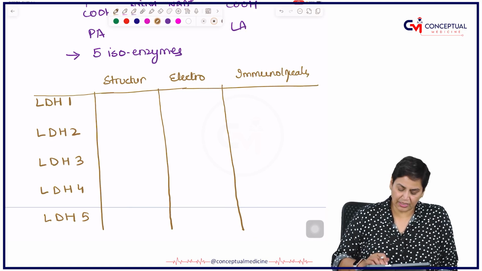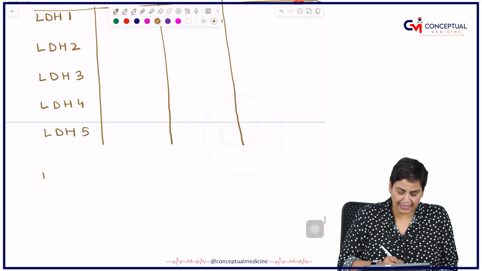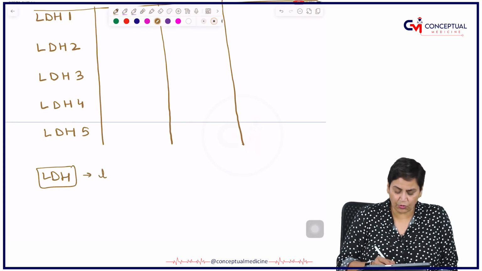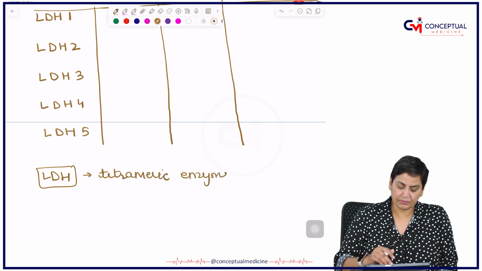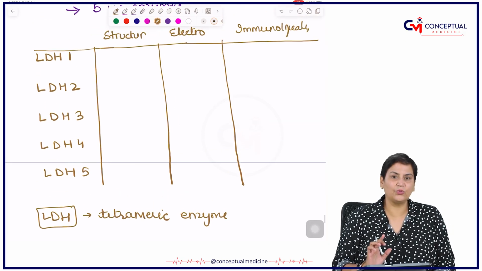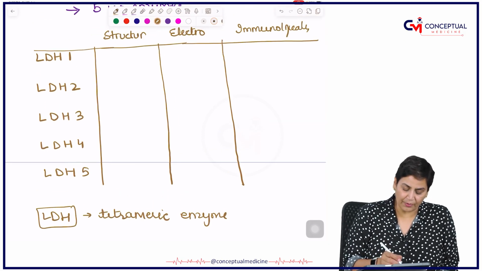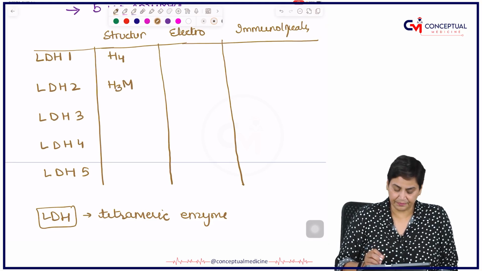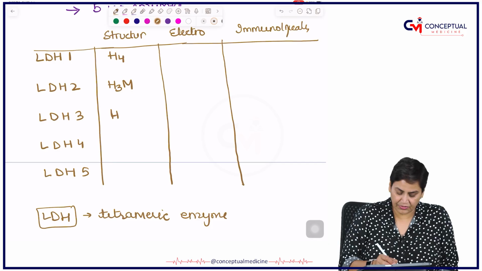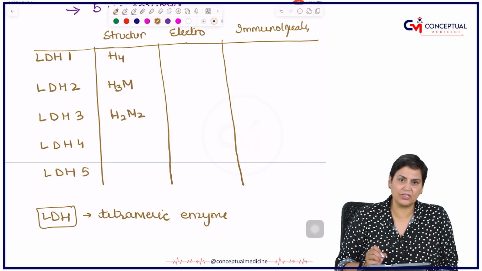Now, if we talk about the structure, always remember LDH is a tetrameric enzyme, means it has 4 subunits. So, if we talk about LDH1, this is predominant in the heart. LDH2 is predominant in the RBCs. If we talk about LDH3, you can see there is a change in the structure also.